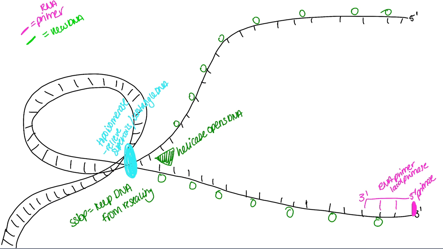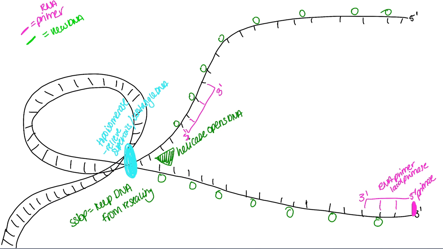So if we can lay primers and we can only lay them in the 5' to 3' direction, that means we are going to have to lay our primer further up. So here is our other primer that we laid, and now both of these strands are primed and ready to go.